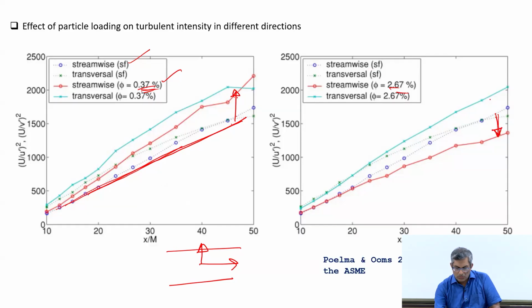Now green to blue, it is opposite. So, the point I am trying to make here is that the modification in turbulence intensity in different directions may be different, and also it depends on the loading. You change the loading, this behavior can also change.